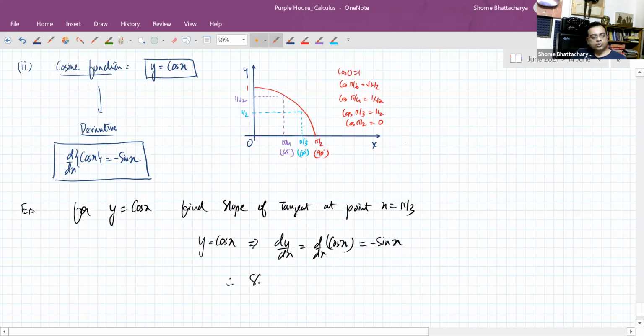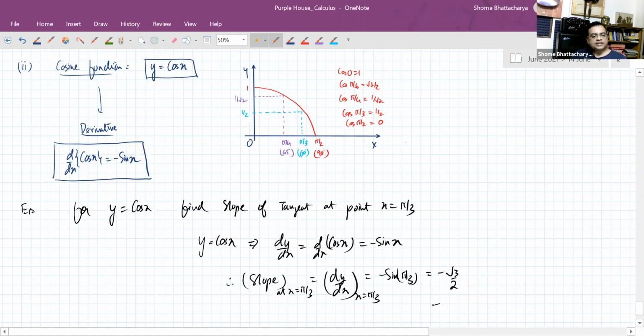Therefore the slope of the tangent at x equal to pi by 3 is the value of dy by dx at x equal to pi by 3. So it is minus sine pi by 3, which is negative of root 3 by 2.